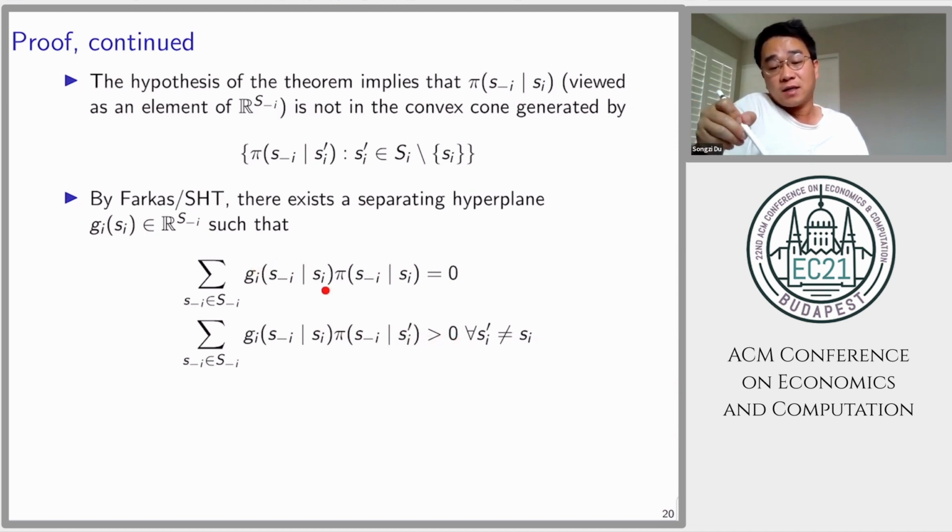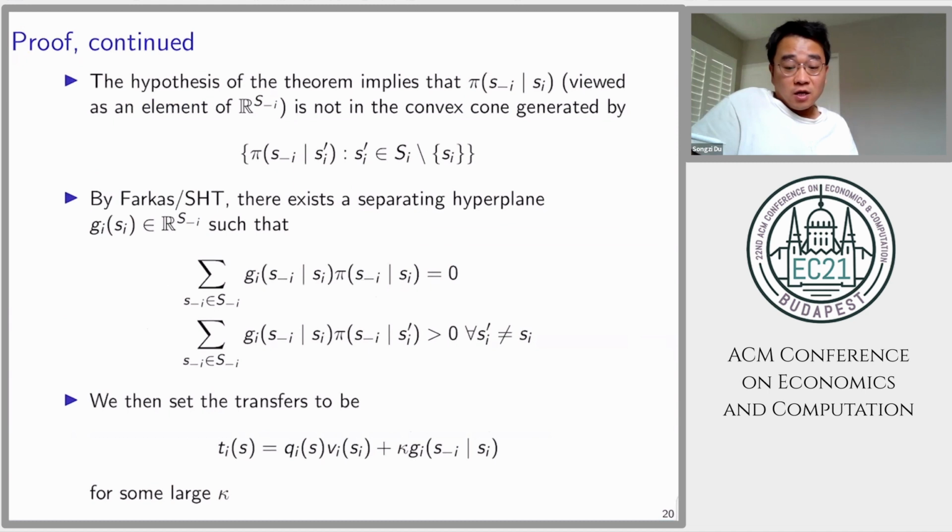If we can write this pi as a positive combination of pi at Si prime, then clearly we cannot have 0 here. The Farkas lemma tells us that the converse is also true. If they are not in the positive span, then in fact we can have this kind of separation in terms of the hyperplane.